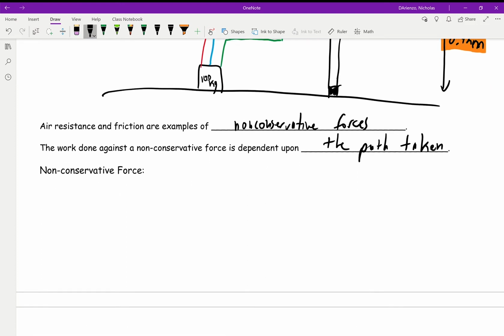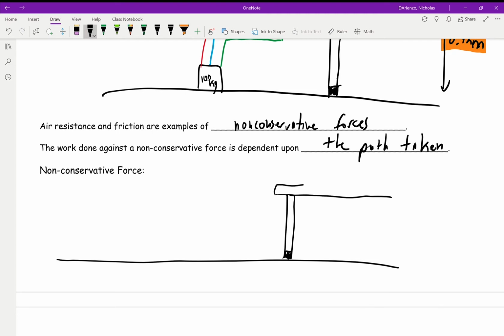I'll give you a little example of this. Again, we'll use the floor and a tabletop. Again, we'll call this 0.92 meters. We'll take the same two 10 kilogram blocks, and we're going to put them on two different inclines.